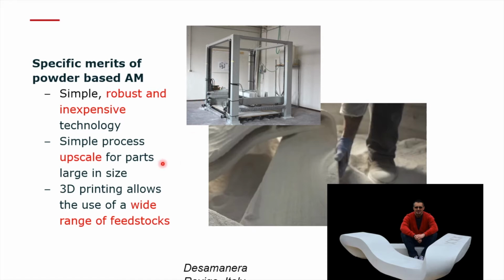There's another very important function of the powder bed: it supports the printed structure. You can see here this bench, and this large overhang is supported by the powder. Here it's already taken out of the powder bed, but you can easily imagine that the powder supports such overhangs in the printing process.